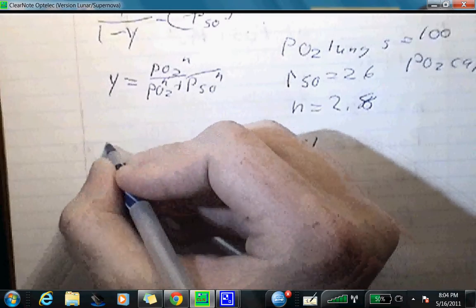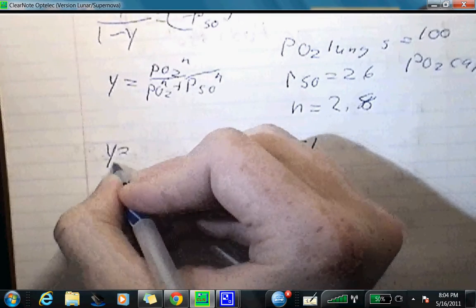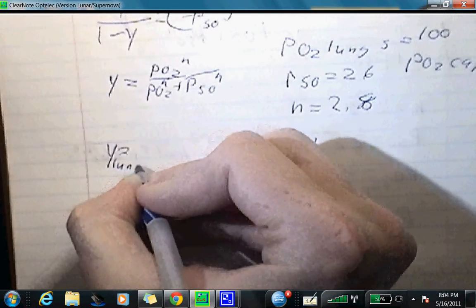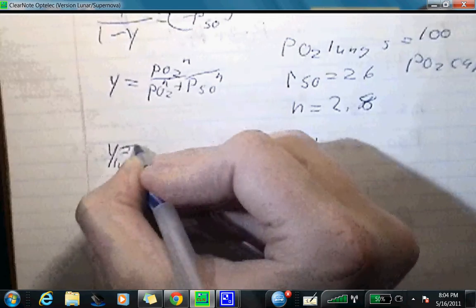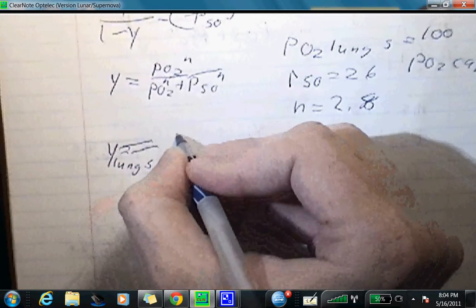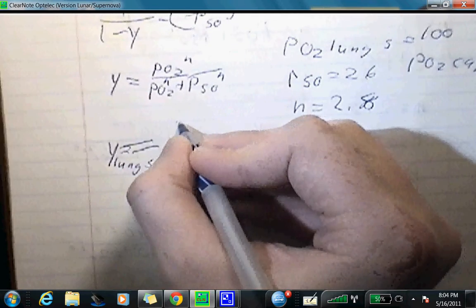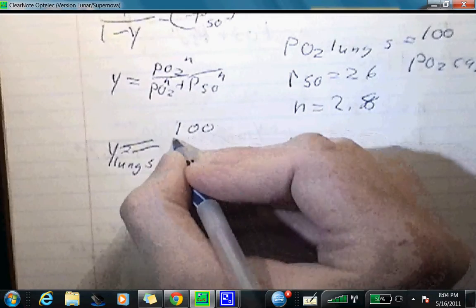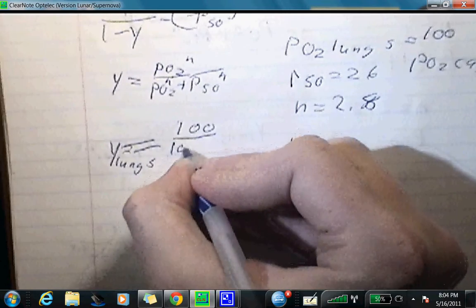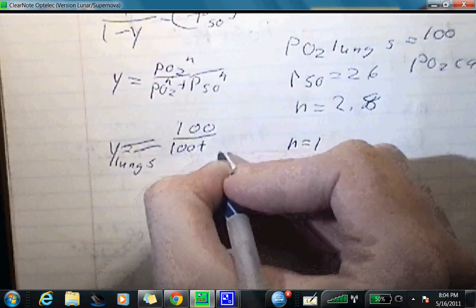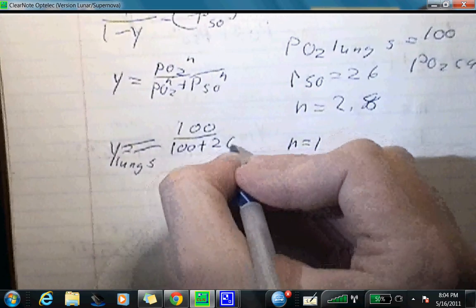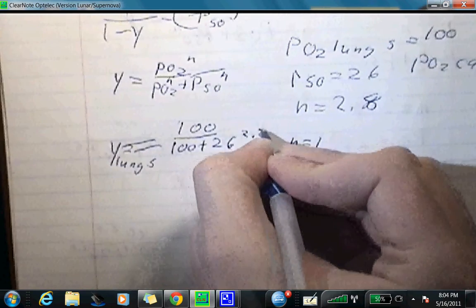So this is going to equal Y of the lungs equals 100, because that's our PO2 in our lungs, over 100 plus 26, and this is all to the 2.8.